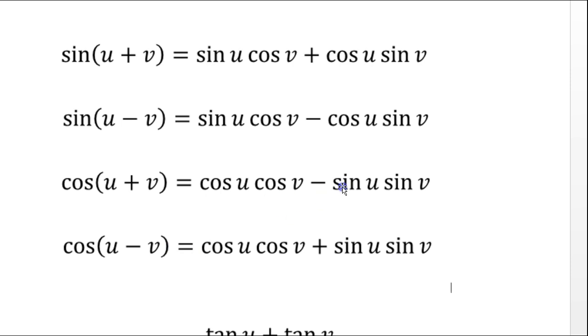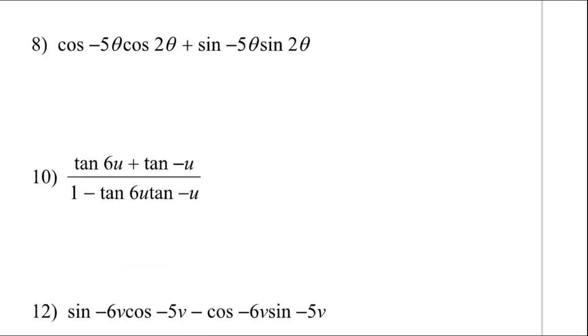Notice that the signs are opposite. So if I see a minus, I know it'll be plus. If I see a plus in the middle, I know it will be minus. And here I see a plus in the middle, so I know that it must be minus.